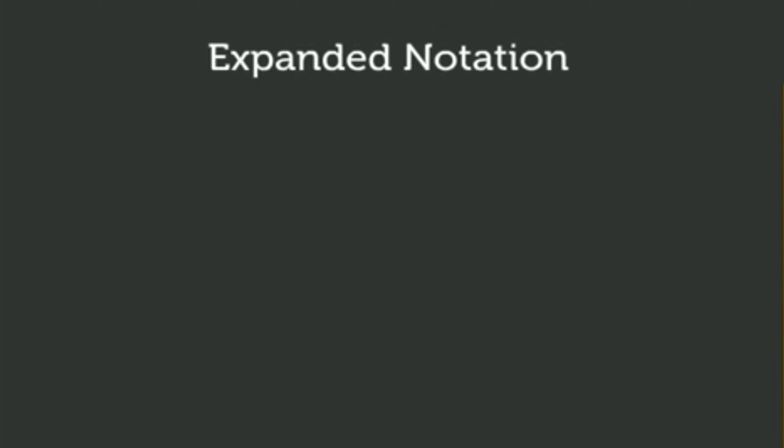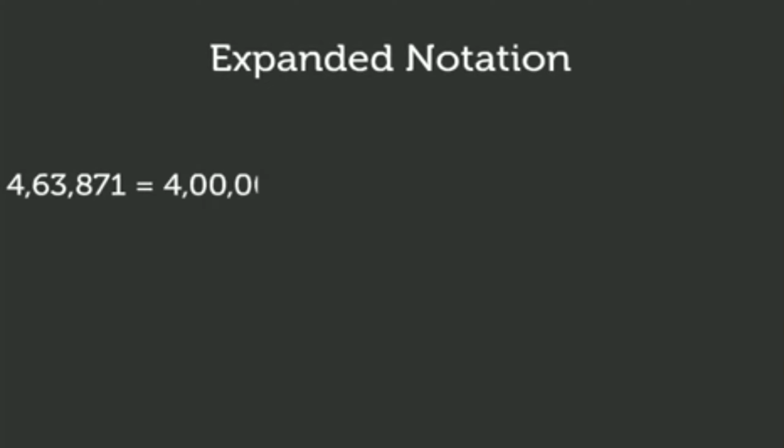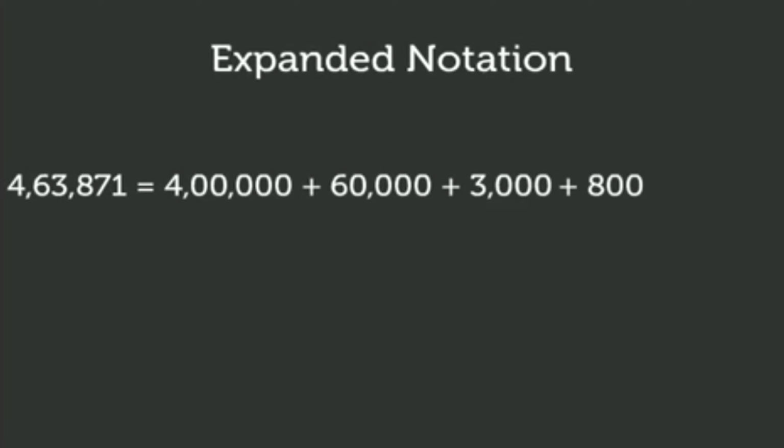Now, let us try some more examples. Look at the number 4,63,871. We write the number in expanded notation as 4 lakhs plus 60,000 plus 3,000 plus 800 plus 70 plus 1.